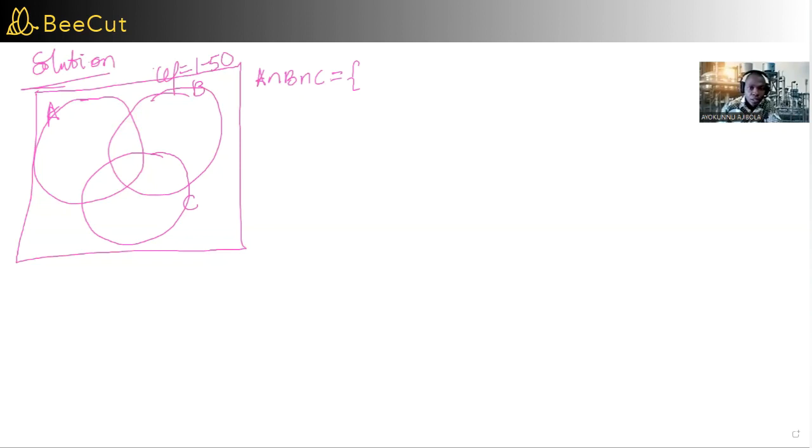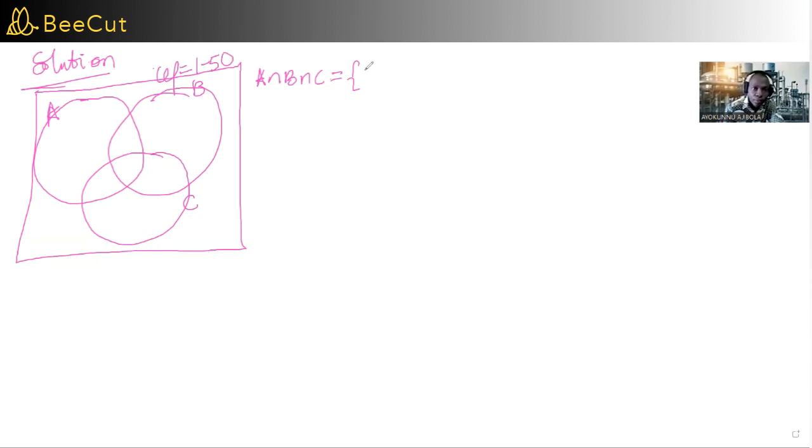5 is in B, not in C. 6 is here but it's not in C. The next is 15, and 30 is not present in all. So I can see only 3 and 15 that are present in the 3 sets.